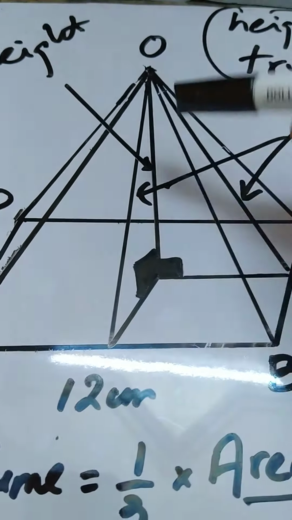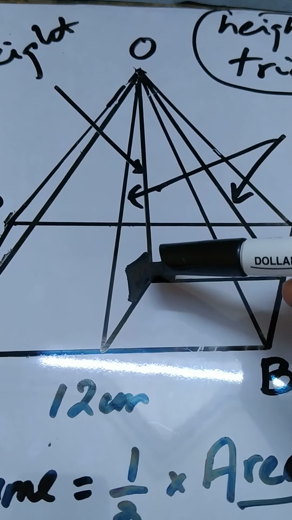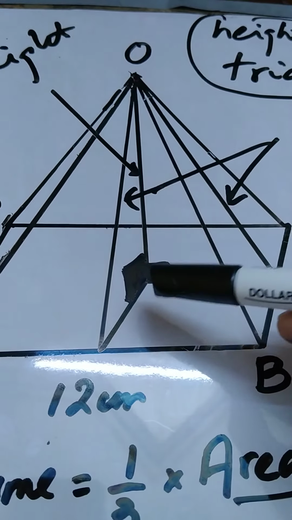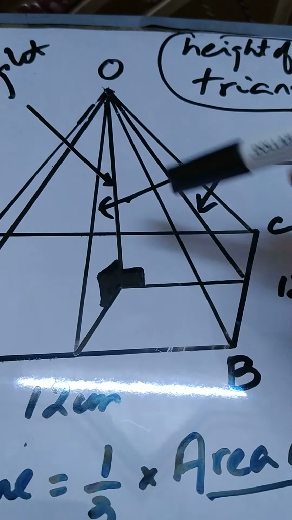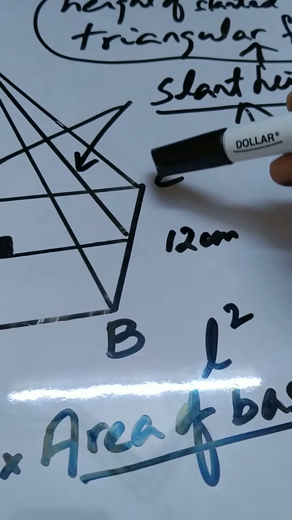Look here, this is the height of the pyramid, the shortest vertical distance from the apex to the polygonal base. But this height of the slanted triangular face, this is the base of the triangle.